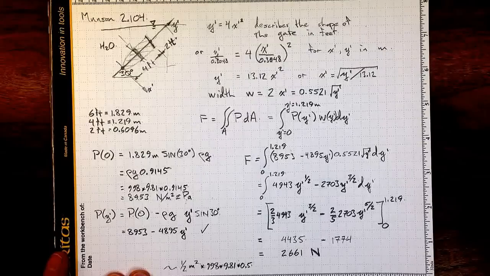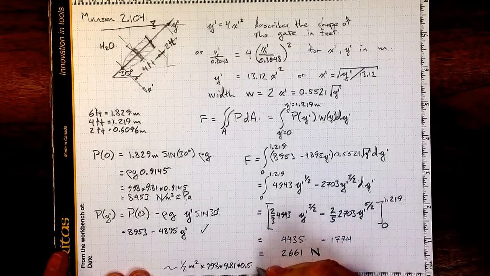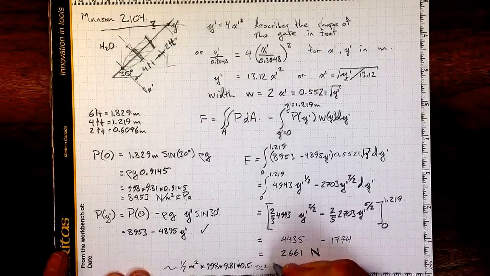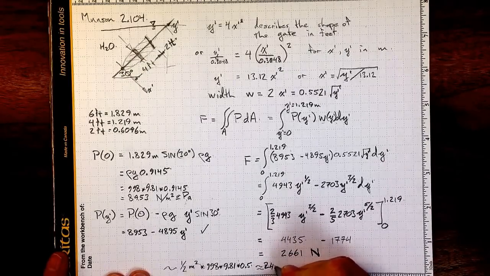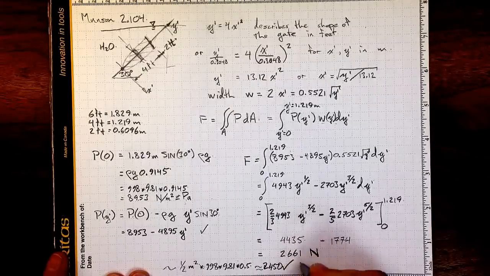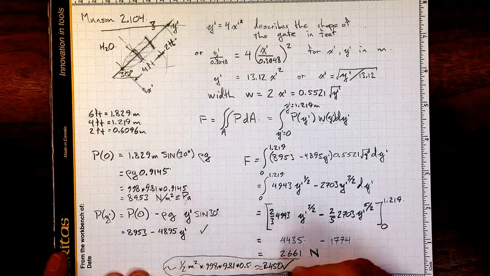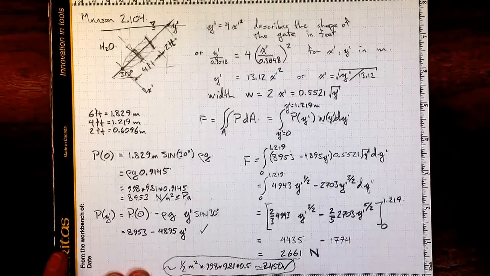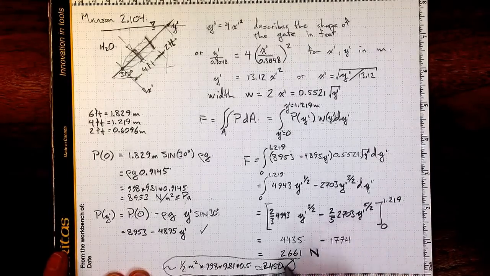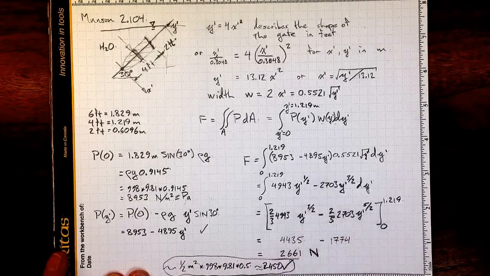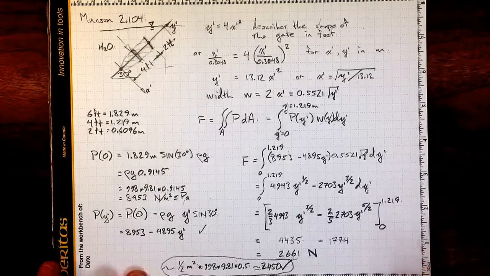I get about 2,450. So I've done a check there. That's just a rough guess calculation, and it matches up really well with what I got when I did the integration. So I'm pleased with that.